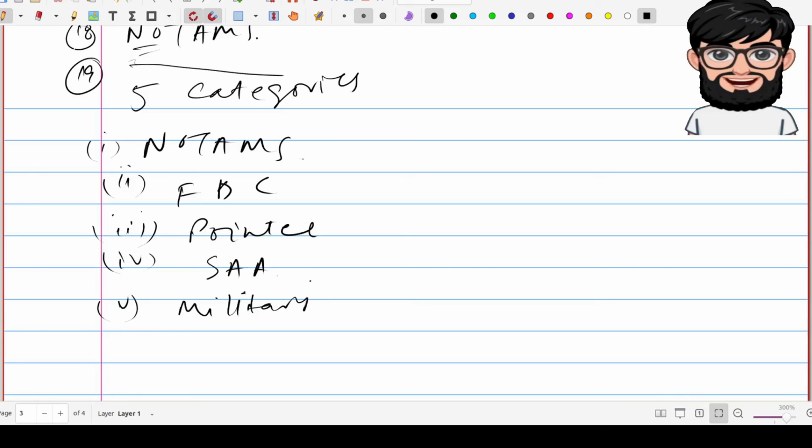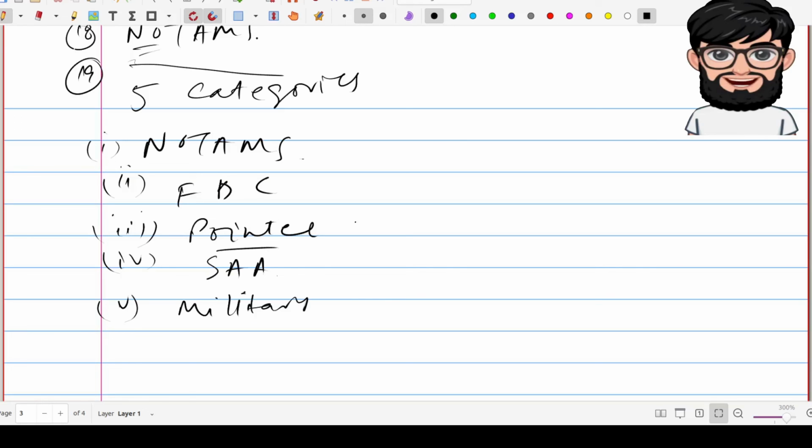The NOTAMs, as we talked about, are the notifications. The FDC are flight information regulatory in nature, including but not limited to changes to IFR charts. The pointer ones are issued by a flight service station to highlight or point out another NOTAM.